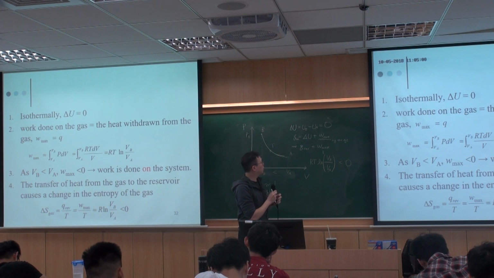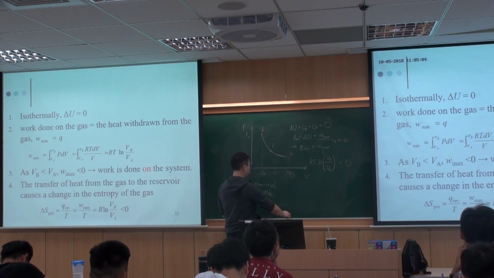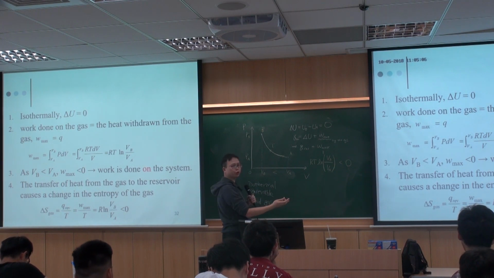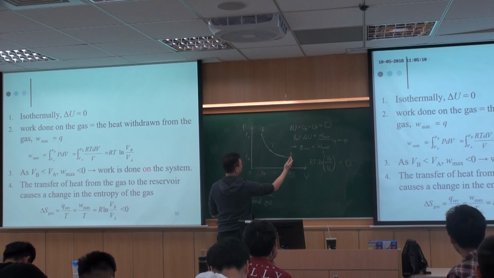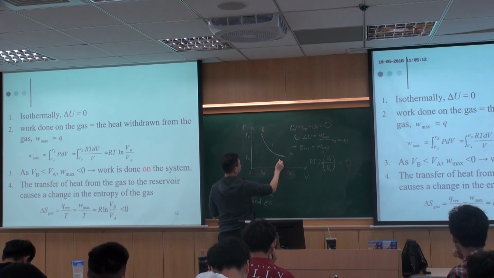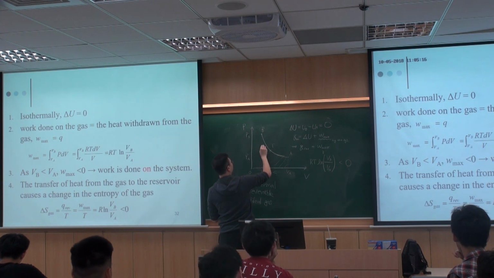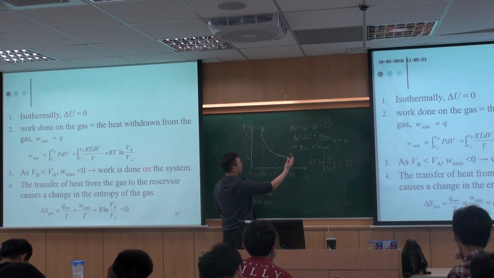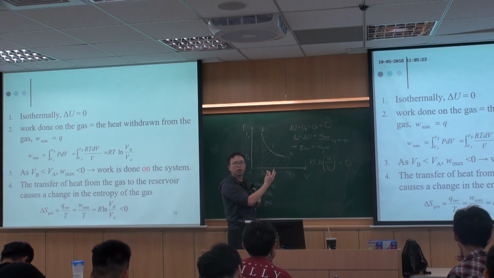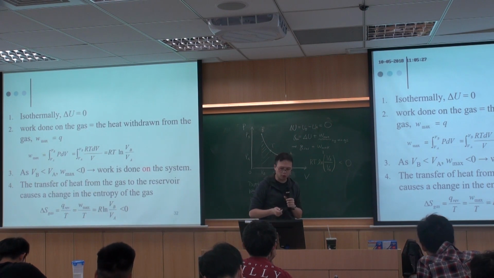So we know that this work is a negative number. And it is pretty straightforward, right? Because the integration is done from the right-hand side to the left-hand side. So if we calculate this area using the calculus, then we're integrating this area in a reverse direction. So the number should be a negative number. So this is pretty straightforward.